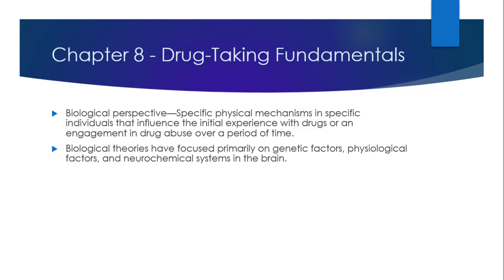Biological theories have focused primarily on a number of factors: genetic factors, physiological factors, and neurochemical systems in the brain. So basically, we're talking about how the brain is wired, how it's functioning, and of course, the genetic part of that is that genes are in control of the development of brain cells and development of cells in general, and the way those cells function.